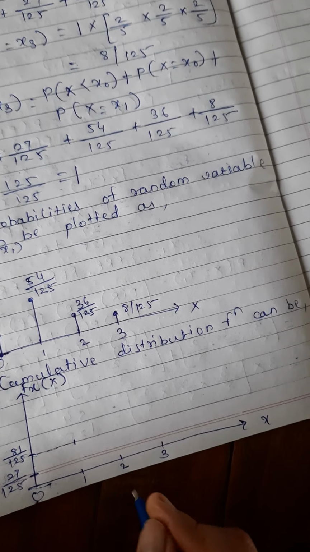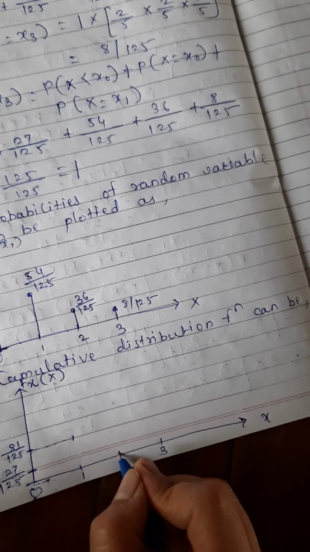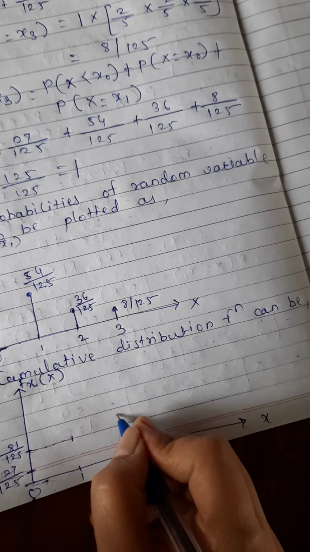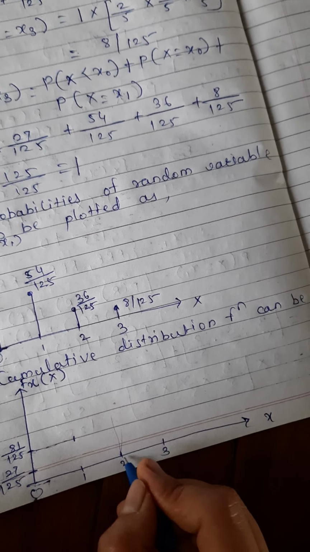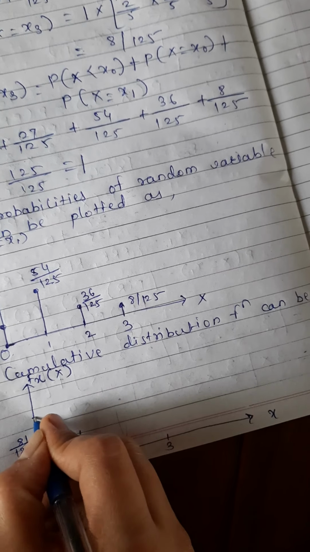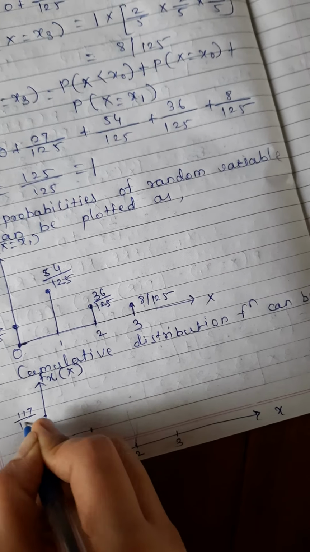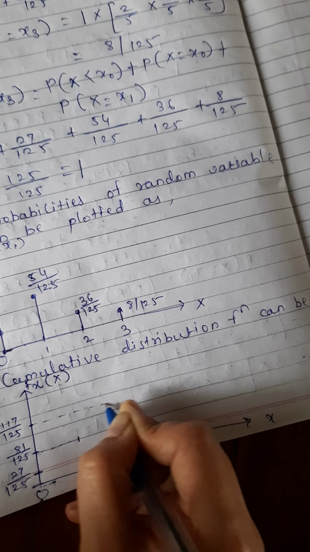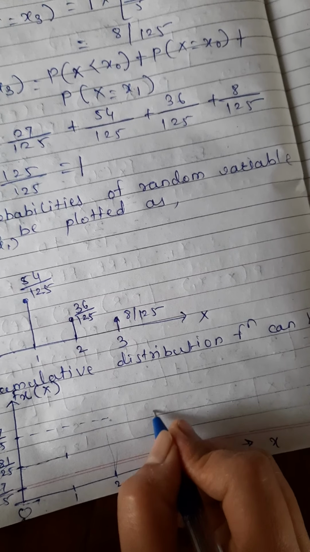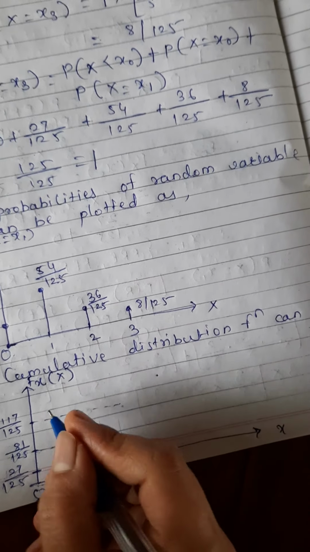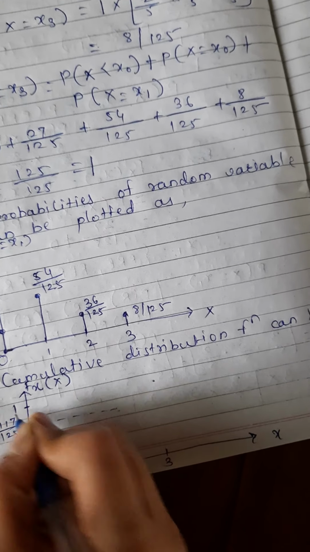For 2 the value is 117 by 125. And for 3 the value is 1.